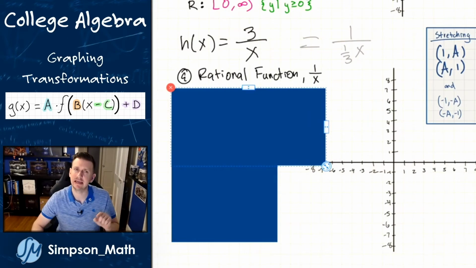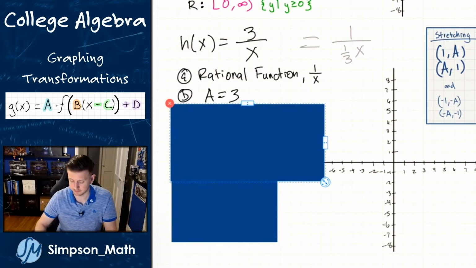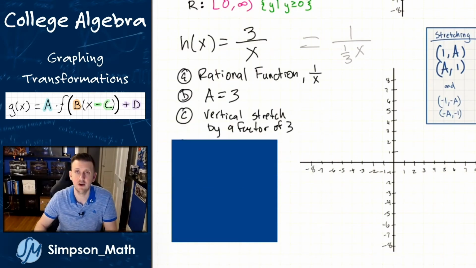Was it multiplying inside the function or outside the function? Well, inside the function would be in the denominator. So that's not in the denominator, so that's in the numerator. So that's an a of 3. When it's an a of 3, what's going to happen? Well, it's a vertical stretch by factor of 3. So let's say just that. Vertical stretch by factor of 3.